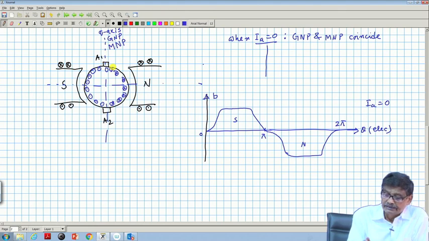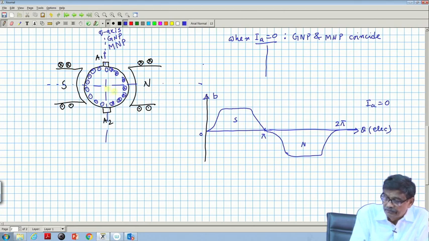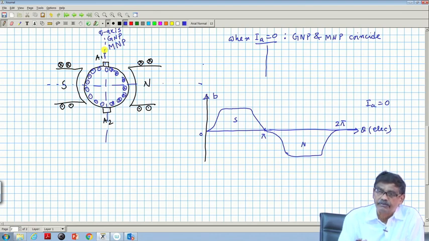I can easily see there will now be a field here because of the armature field. If I apply the right hand rule, there will be some magnetic field here. The contribution of the main field will be 0, no doubt here, but because of armature current, when IA is not equal to 0, there will be some field existing along the q axis, or geometric neutral plane. Along that line there will exist some flux.